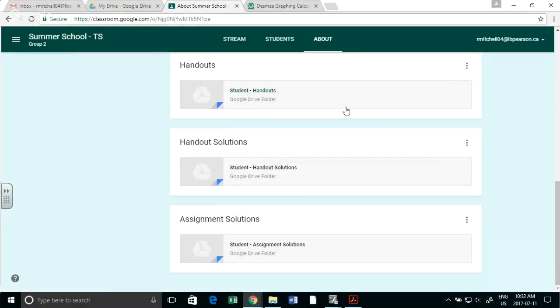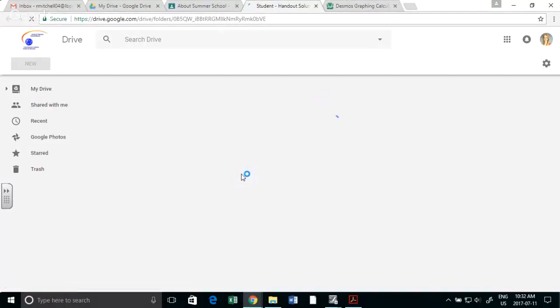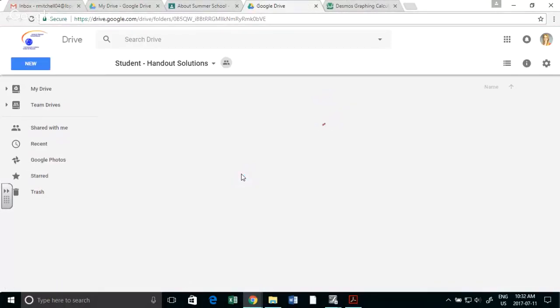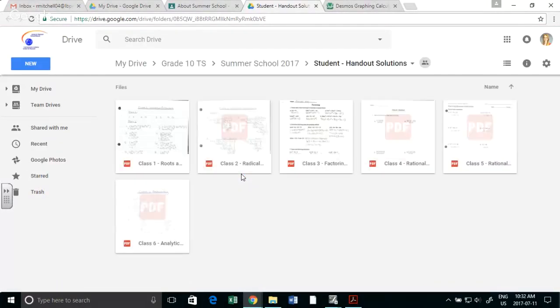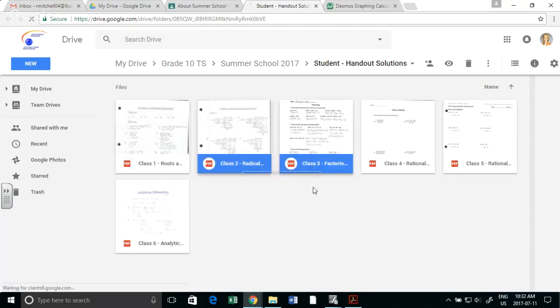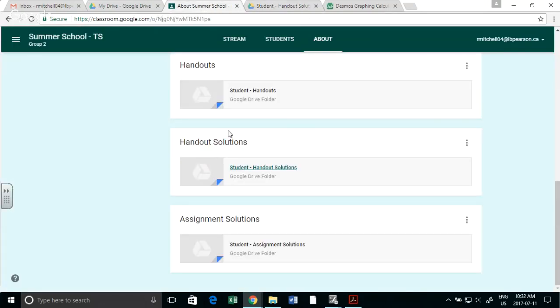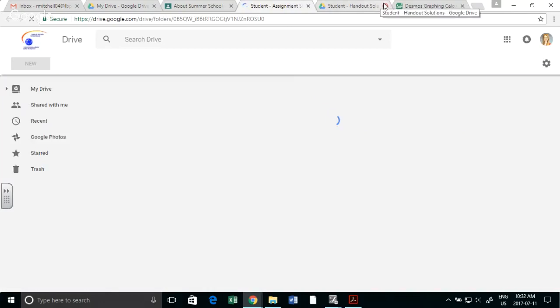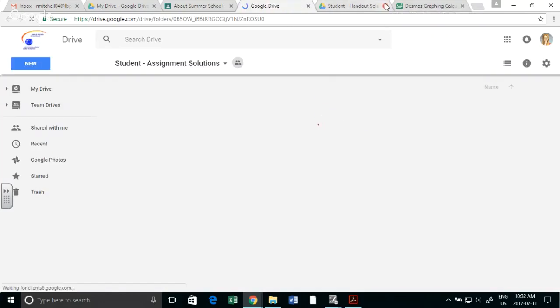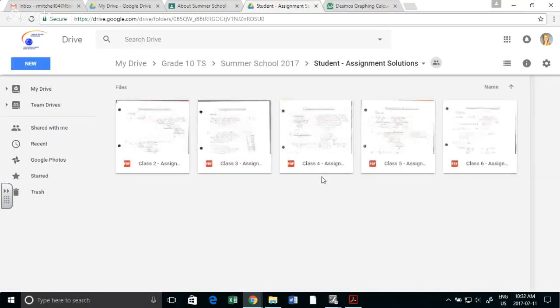Then the last two things are handout solutions, so all the solutions to the different handouts. And finally, assignment solutions. So that's the docs and the forms. Everything is uploaded there.